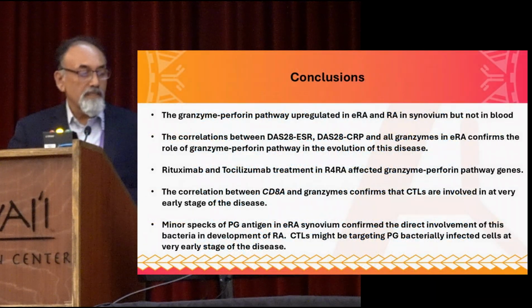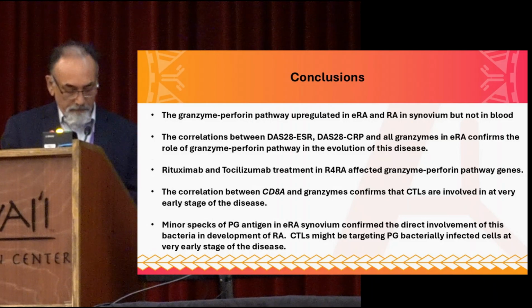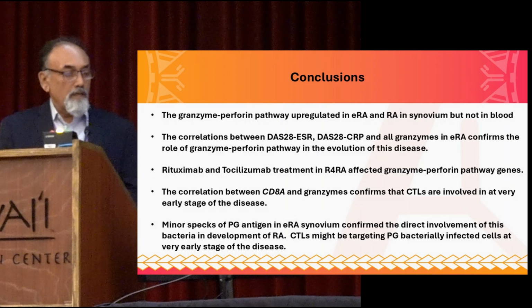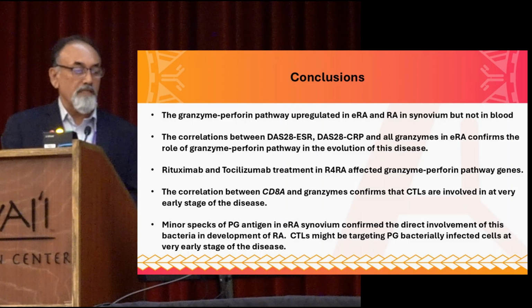Finally, the conclusion: the granzyme-perforin pathway is upregulated in early RA synovium but not in blood. The correlation between DAS28-ESR, DAS28-CRP and all granzymes in early RA confirmed the role of the granzyme-perforin pathway in the evolution of this disease. Rituximab and tocilizumab treatment in R4RA affected granzyme-perforin pathway genes.